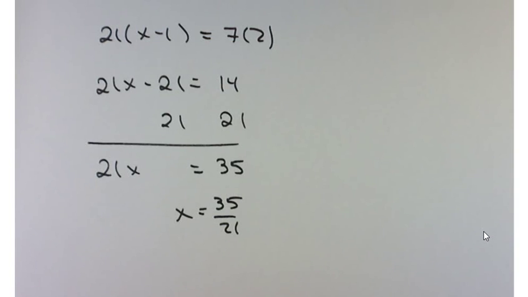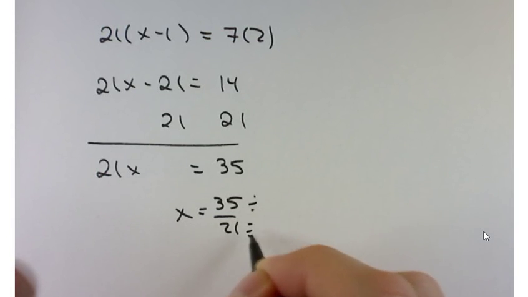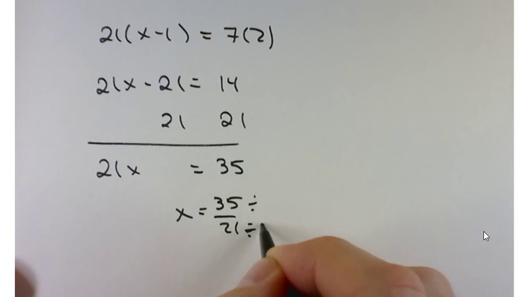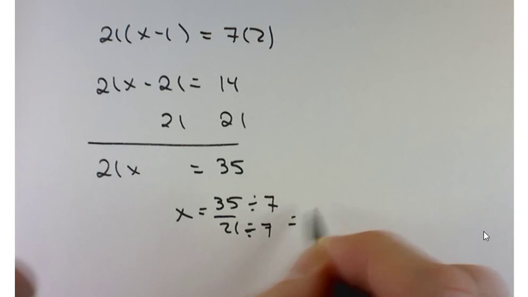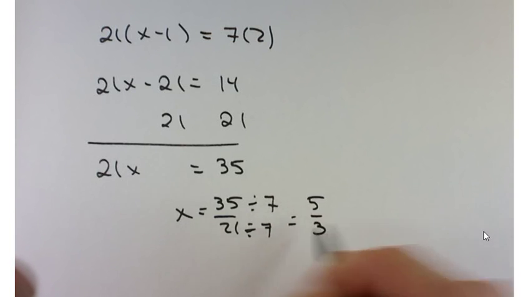What's wrong with this? It's not in lowest terms. Perfect. So I can divide both the numerator and denominator by 7 and end up with 5 over 3. That's in lowest terms. I mean, not that it's a real big deal if you fail to see that, but I would like it in lowest terms.